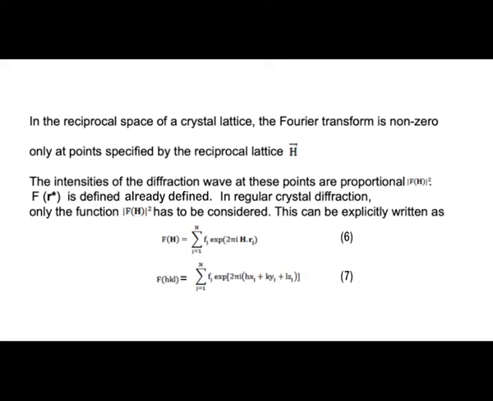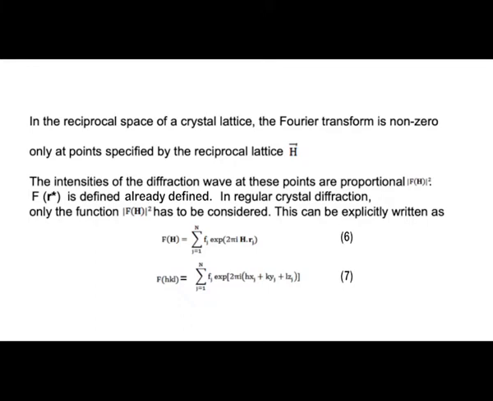In the reciprocal space of a crystal lattice, the Fourier transform is non-zero only at points specified by the reciprocal lattice vector H. The intensities of the diffraction wave at these points are proportional to mod F_h squared, because, as I told you, in the expression for the structure factor, as you can see from either 6 or 7, you have a quantity i, which is called imaginary, because i squared equals minus 1; i is the square root of minus 1, which cannot be done, so it is called imaginary.